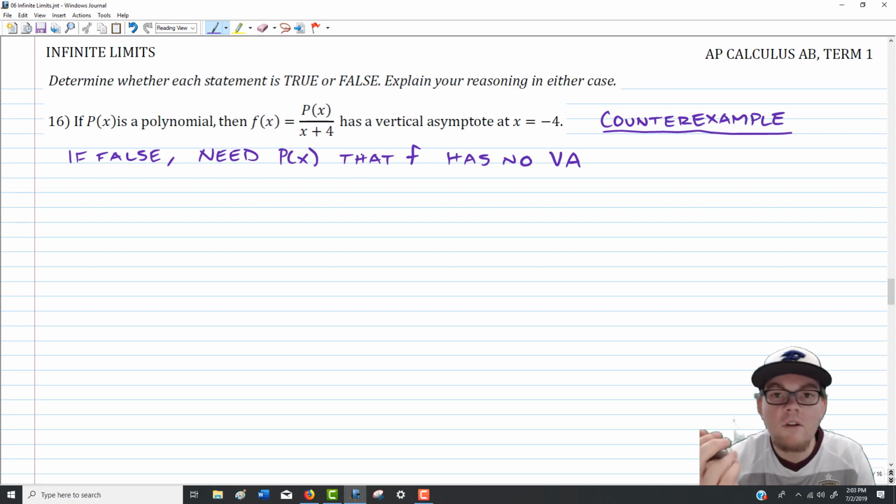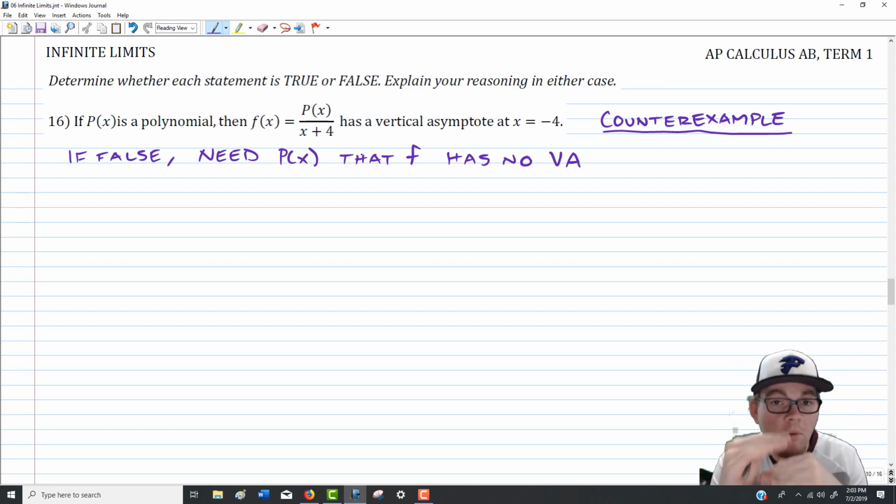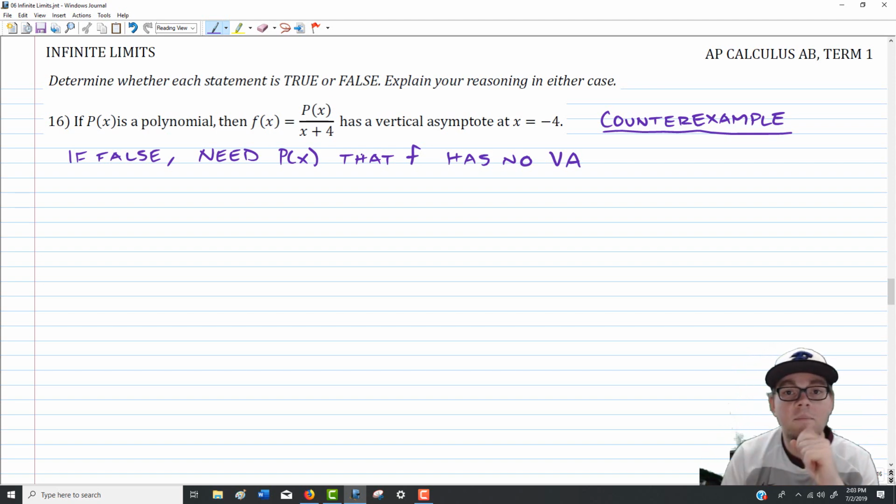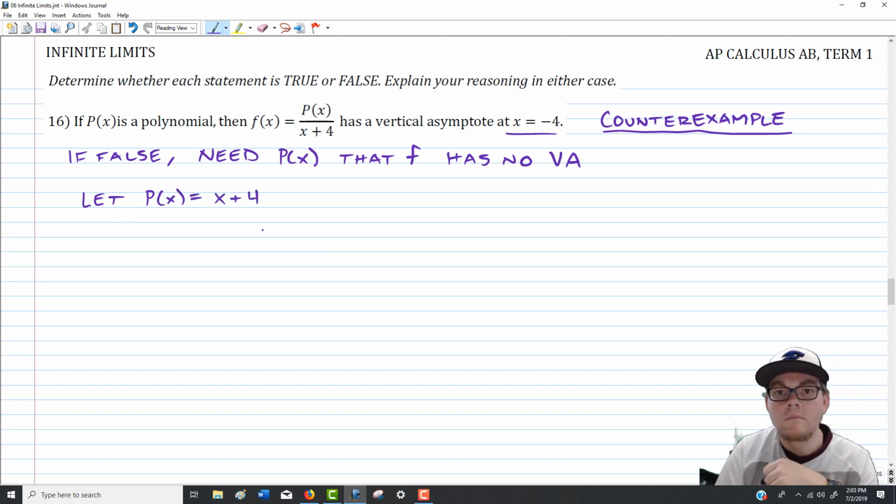Think about how we define vertical asymptotes versus holes. Holes happen when the numerator and denominator both simultaneously go to 0, whereas a vertical asymptote happens when only the denominator does. So if we want to make this so it doesn't have a vertical asymptote, we need to make sure that both the numerator and denominator go to 0 at the same time, specifically at x equals -4. So we could state, as simple as this, let p of x equal x plus 4.